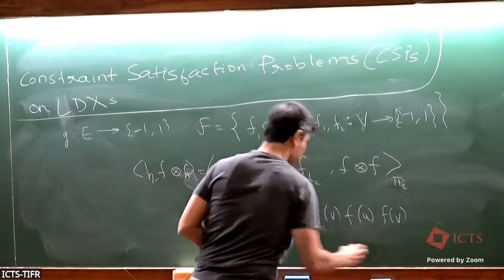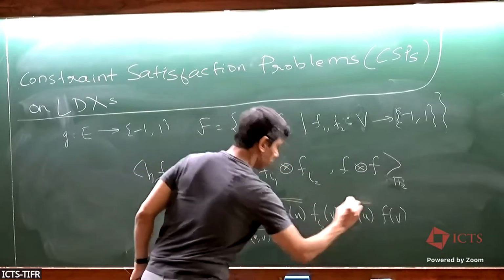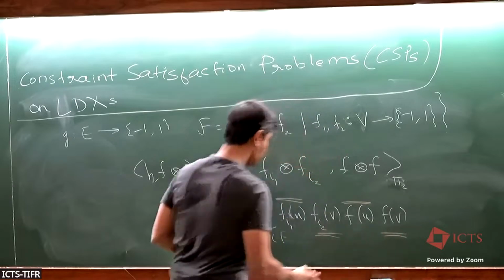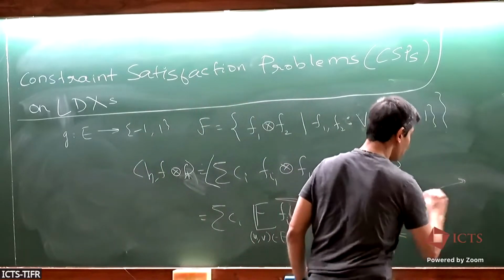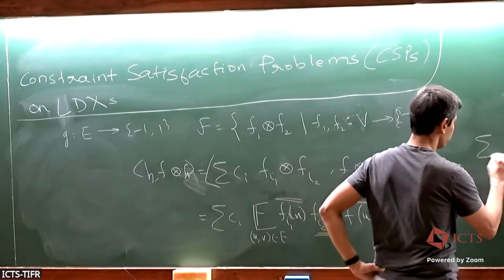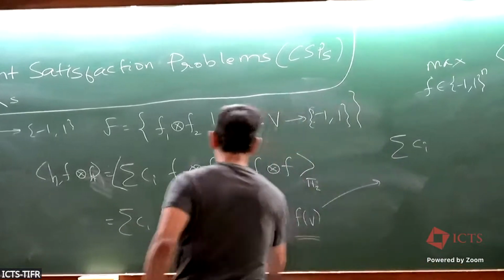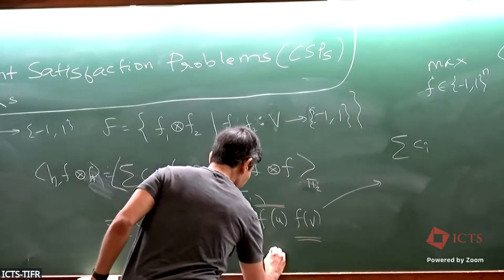And now let's combine these two, which are functions of v. Let's call these two a big F1, and let's call these two a big F2.